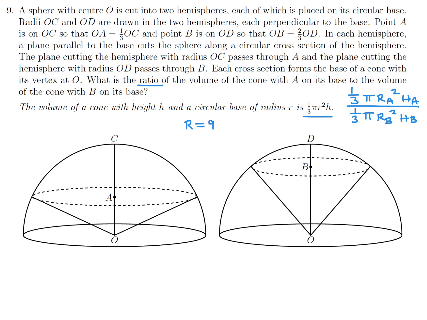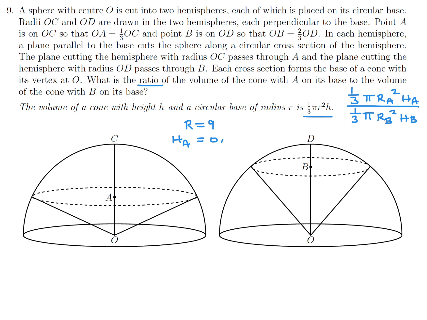So that's just going to leave me with the radius and the heights. Now let's just figure out the height first. The height for the first guy, I believe, is going to be the height of A. Let me just write it properly.